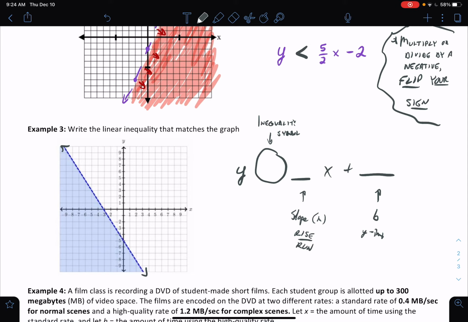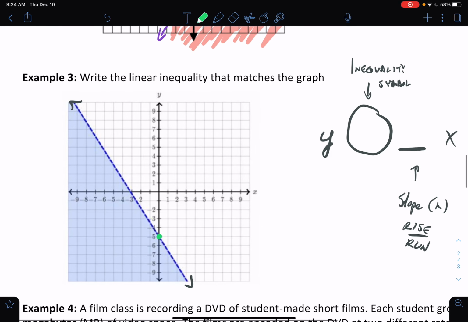Right away, we should be able to identify that the y-intercept is -5. Now find another point on the line. So I'm going to zoom in here. I see another point up here where it matches it nicely.